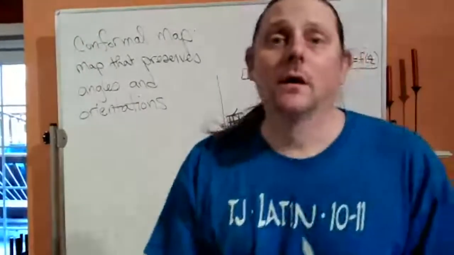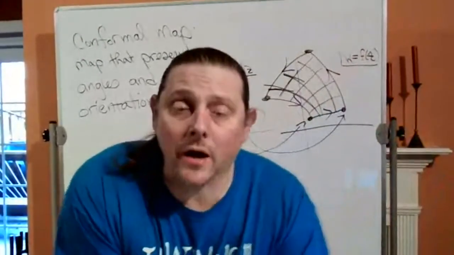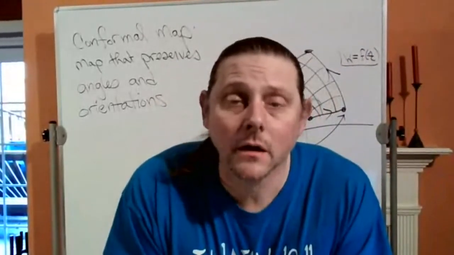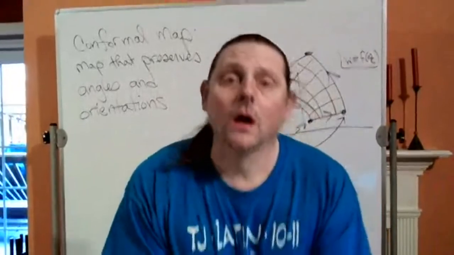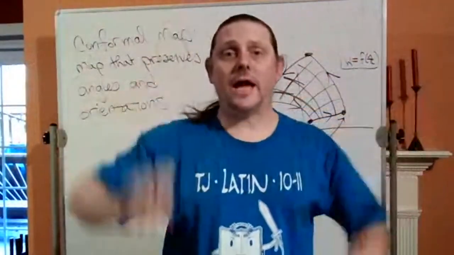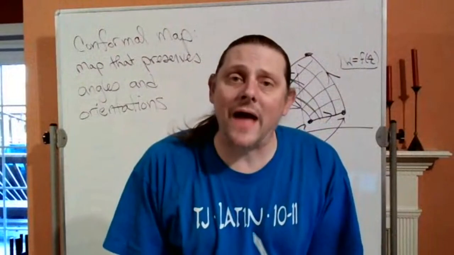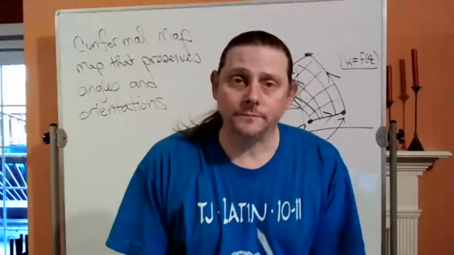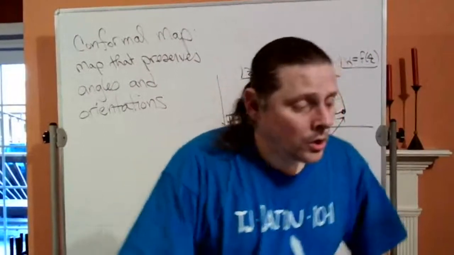The difference between z squared and just, say, (1 plus i) times z is that the amount of the dilation and the amount of the rotation depends on the value of z. It depends on where you are. All right?